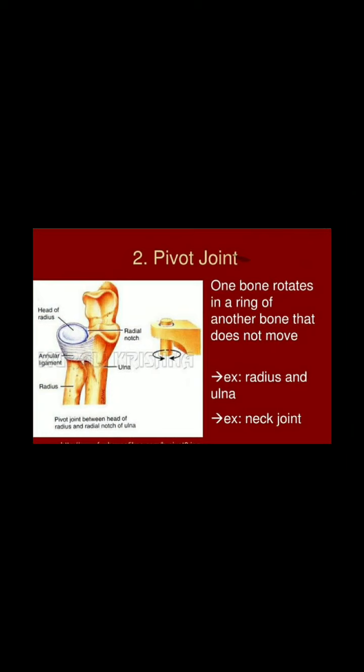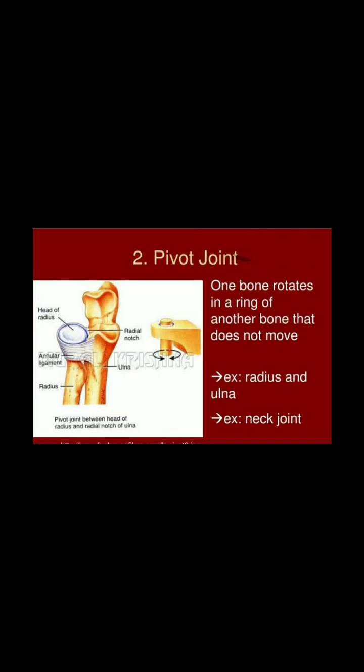You can very easily see the picture. There is a projection of bone which fits into a ring-like structure of the other bone. Radius and ulna bones also have a pivot joint. And this joint allows up and down movement, back and forth movement and sideways movement of our head.